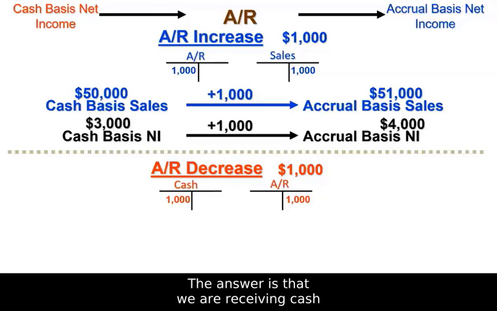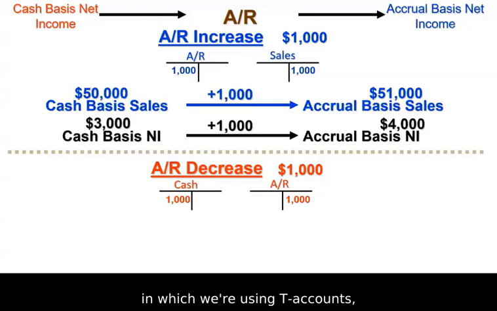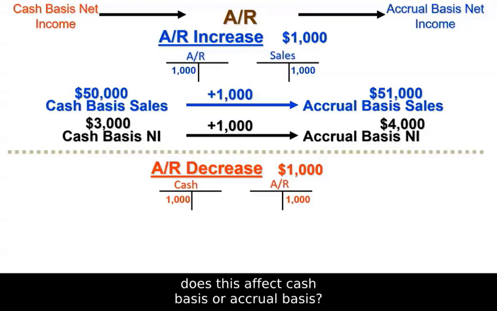The answer is that we are receiving cash to satisfy a receivable from a customer. And then the third question that we answer is, does this journal entry, in which we're using T accounts, affect cash basis or accrual basis?